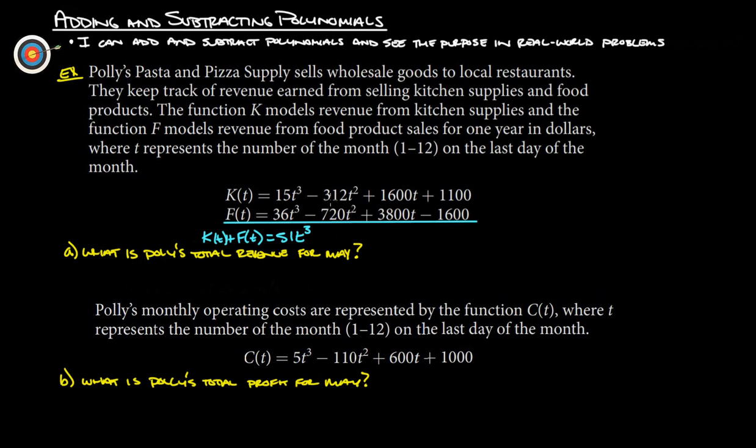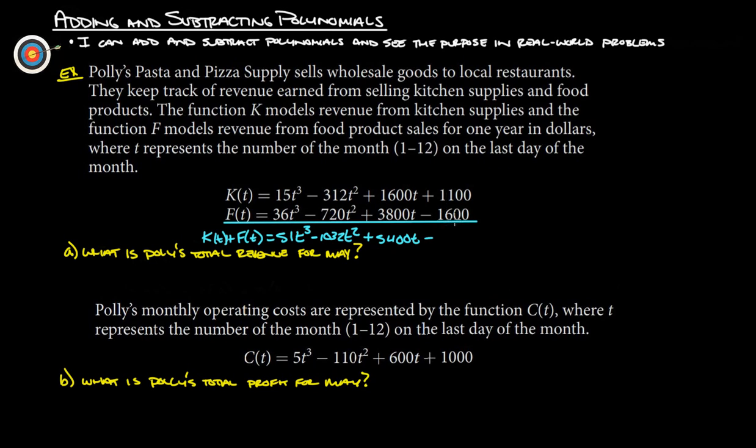Those are both T squared, so we can combine those, and since they're both negative, we add them. So it's going to be negative 1032 T squared, plus, these are both T's, add those together, and 6 and 8 gives us 14, carry the 1, 5400 T. And then these, we're going to subtract from each other.